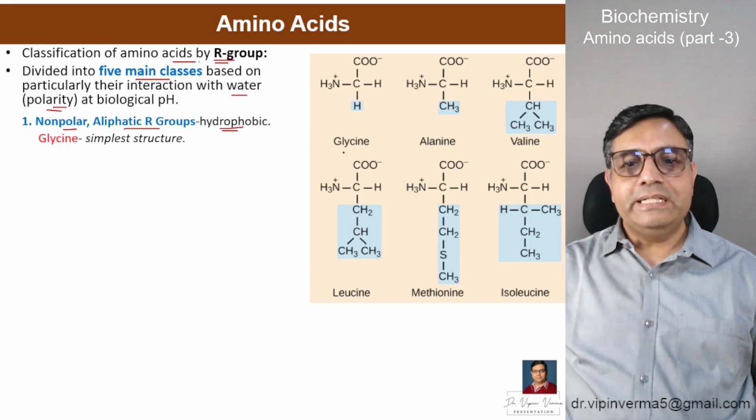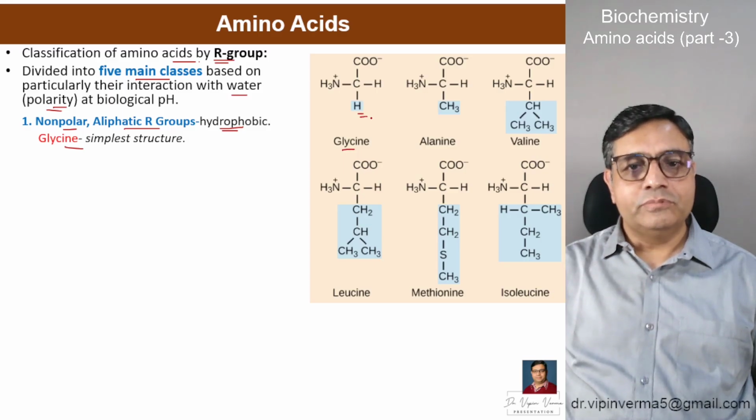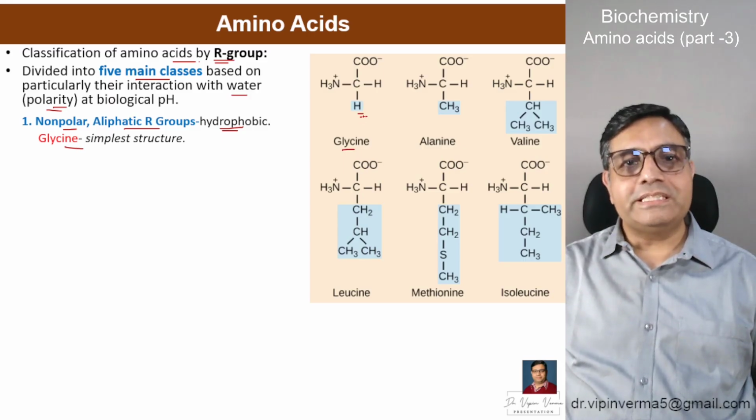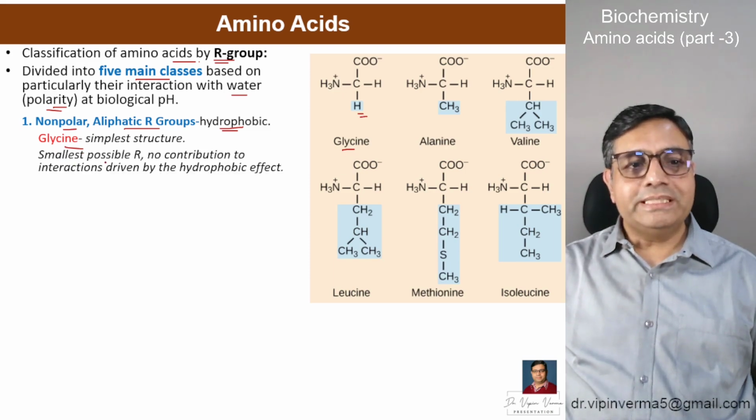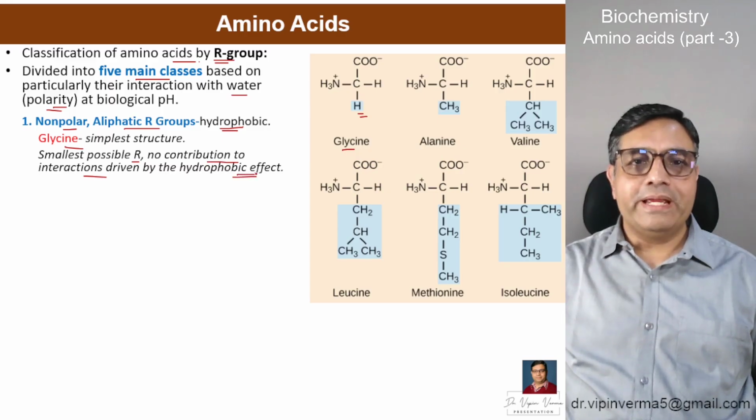Now, the first amino acid is glycine, and glycine has just H, that means just a hydrogen atom as a side chain. So this is the simplest amino acid, the simplest structure possible. This is the smallest possible R, and therefore it has no contribution to interactions driven by the hydrophobic effect.